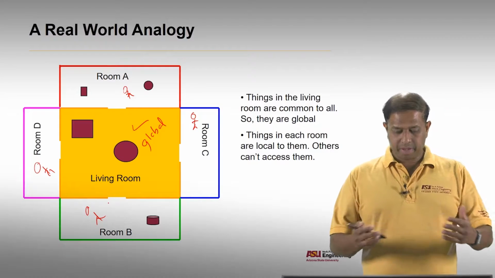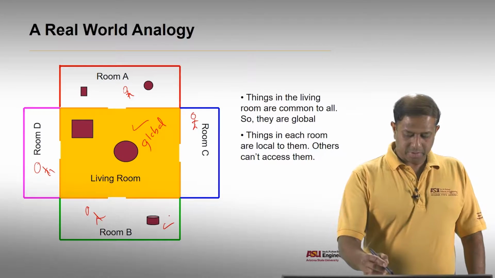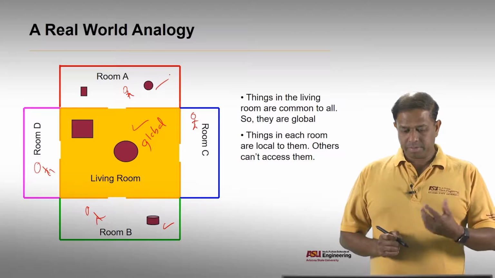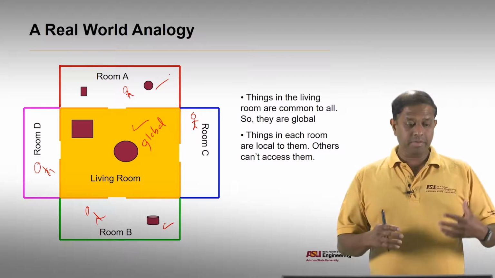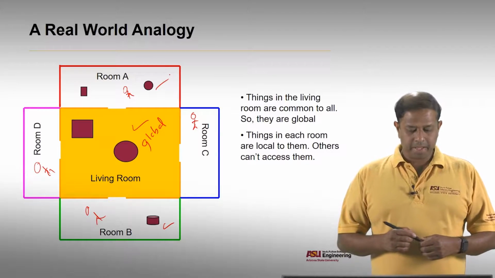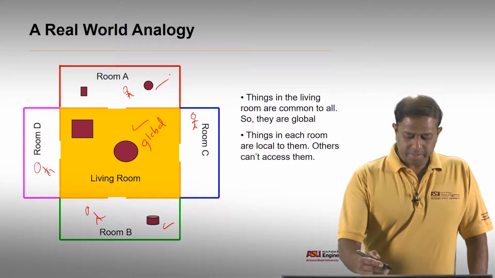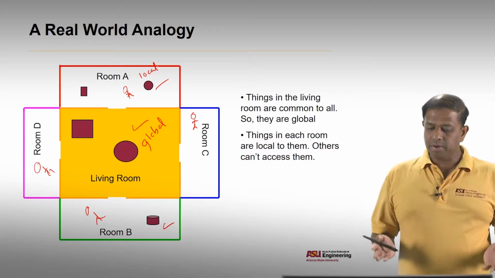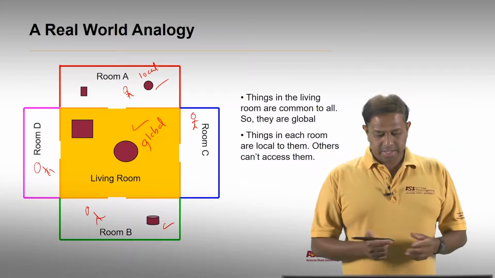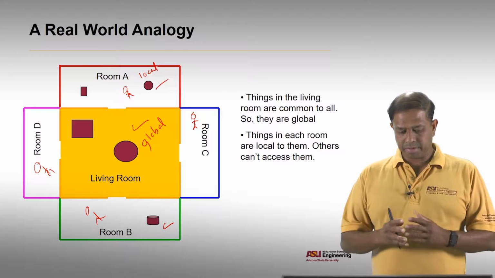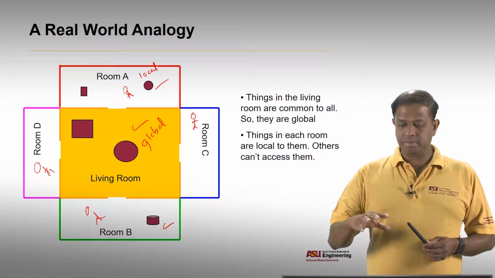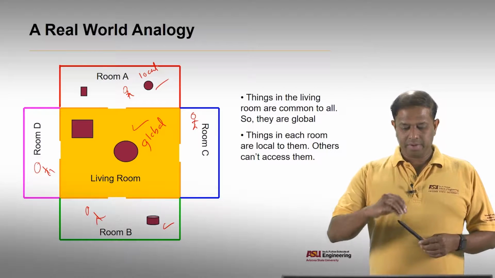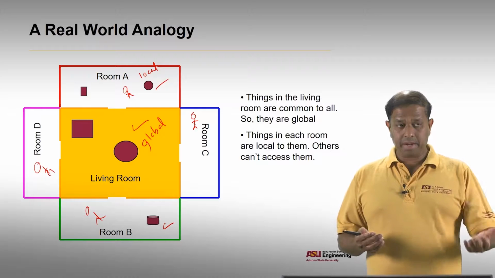However, if you have a specific thing in these rooms, then those can be accessed only by the people living in that particular room. So they are pretty much local to each of these rooms, right? Taking this as an analogy, when you're writing a program, we have methods in the program, and then we have the complete main program.